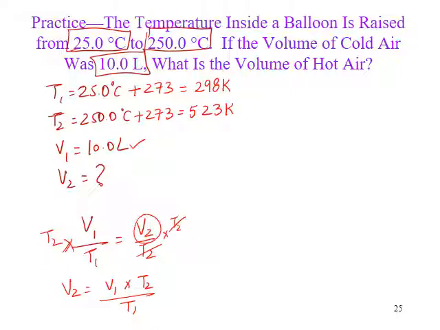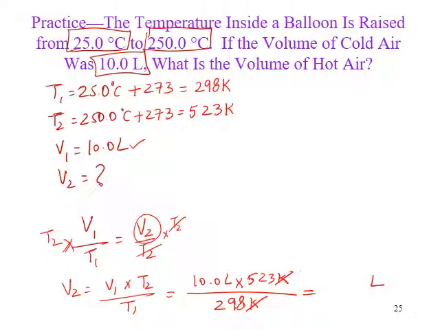Now we simply plug all the values into this equation, which is V1 is 10.0 liters times T2, which is 523 Kelvin, divided by T1, which is 298 Kelvin. Kelvin got cancelled. My final unit is liters, which is a unit for volume.